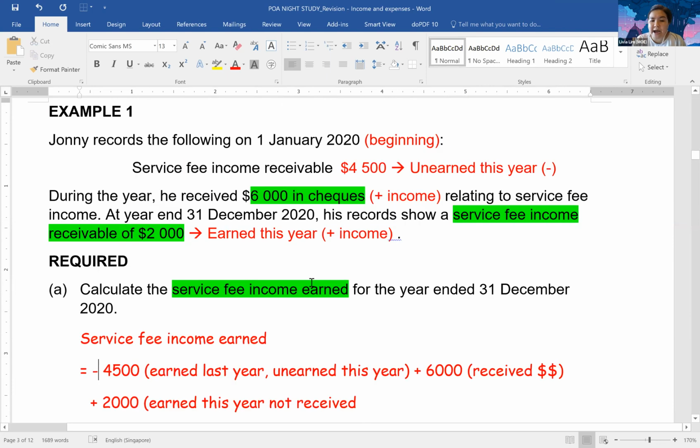So this is how I need to work out my answer. The service fee income that is earned, this $4,000 at the beginning of the year needs to be deducted. Why is it deducted? Because you earned it last year. You never earned it this year, so you need to minus it away. The $6,000, you received money.